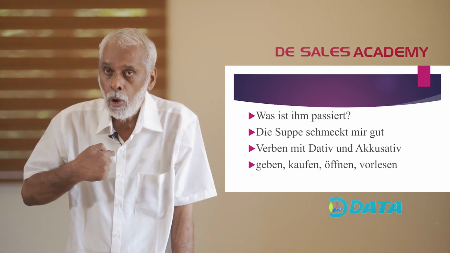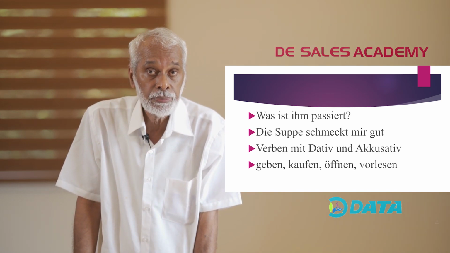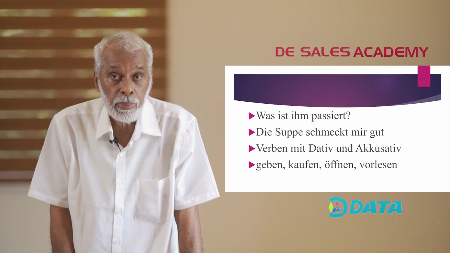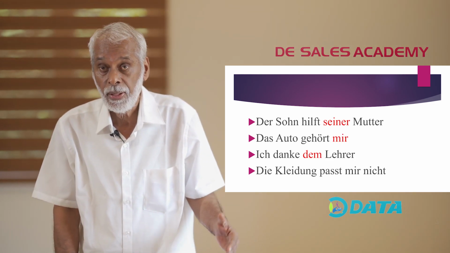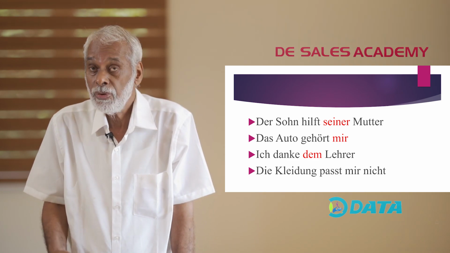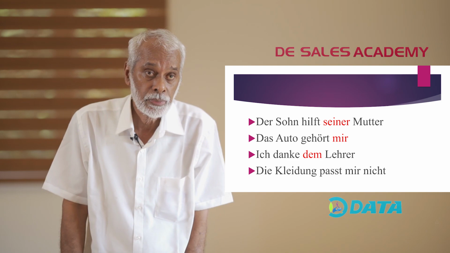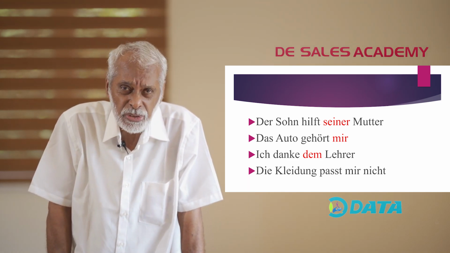The car belongs to me. Ich danke dem Lehrer. I thank the teacher. Die Kleidung passt mir nicht. The dress doesn't suit me. Was ist ihm passiert? What has happened to him? Die Suppe schmeckt mir nicht. I don't like the soup.